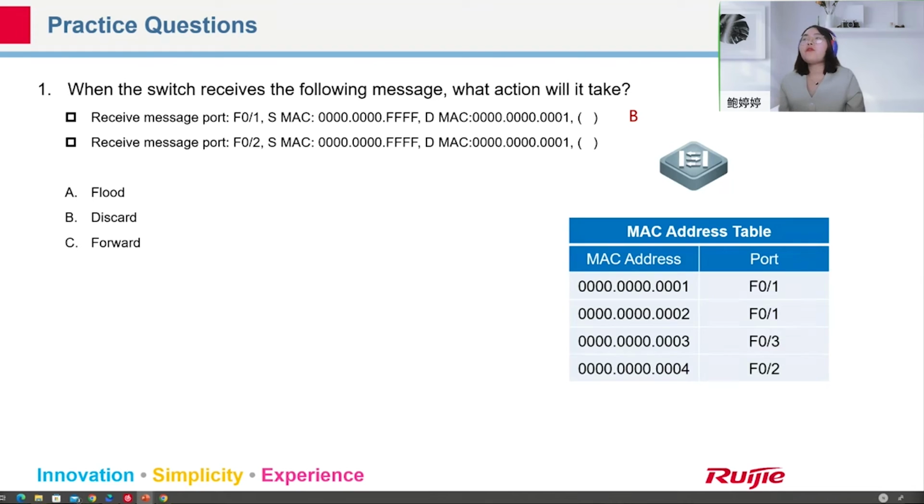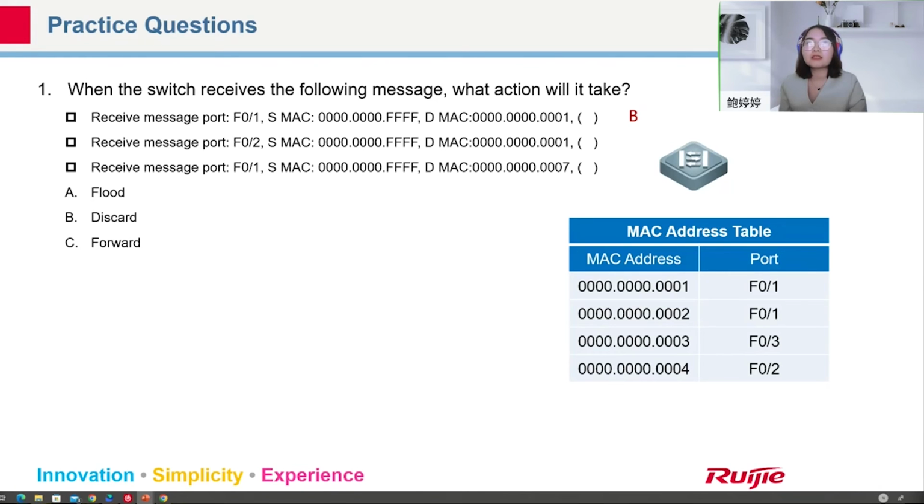Yes, we have to forward it, right? Because I take the destination 1 to match the MAC address table, and we found the destination is connected with the first interface. This interface is different from the receiving interface, so I will directly forward it to port 1.